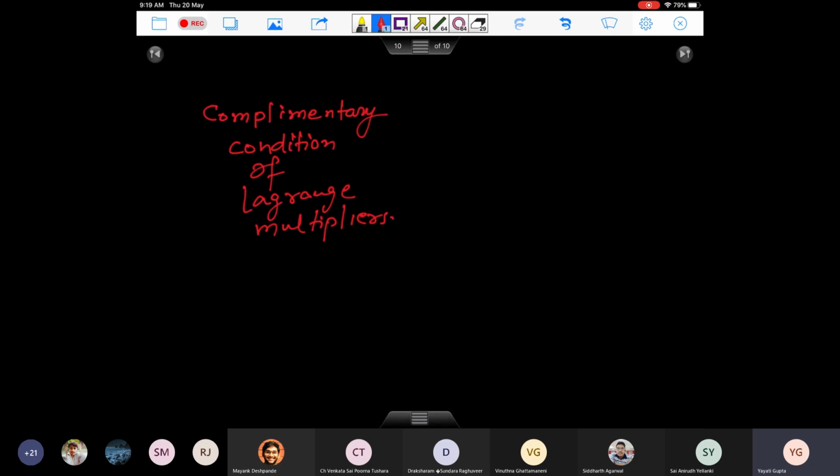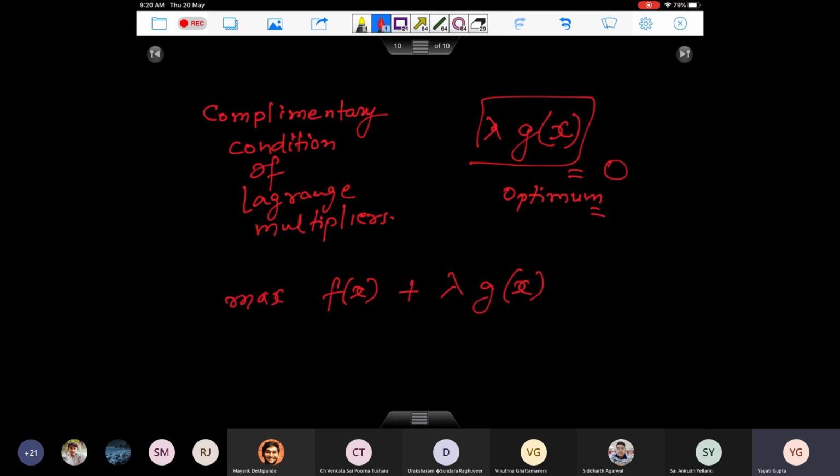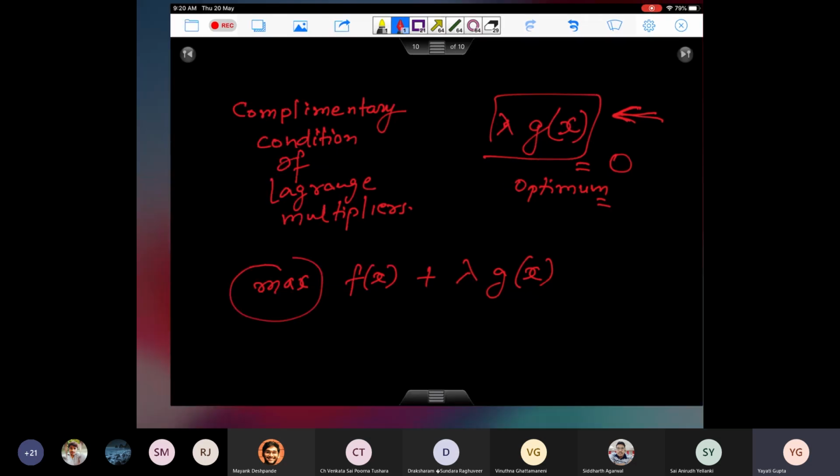So the complementary condition says that at the optimum, lambda gx is equal to 0. At the optimum value we want to achieve, at that value of lambda where we get the maximum value, the complementary condition says that lambda gx is equal to 0.